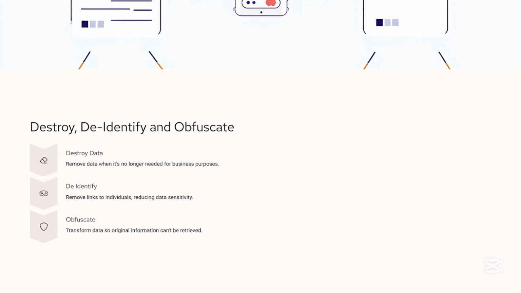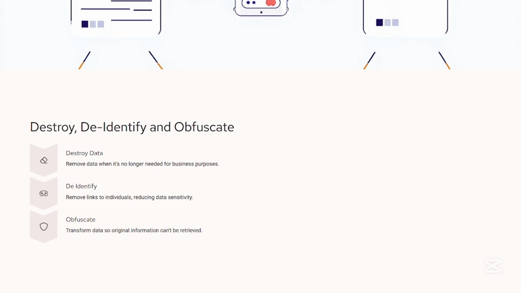Then de-identify. So what is de-identification? This refers to removing any links of data to individuals. So we try to remove any links data has to specific individuals, which reduces the data sensitivity.